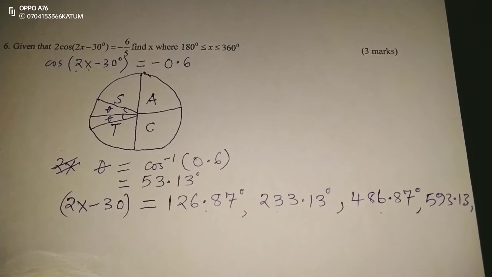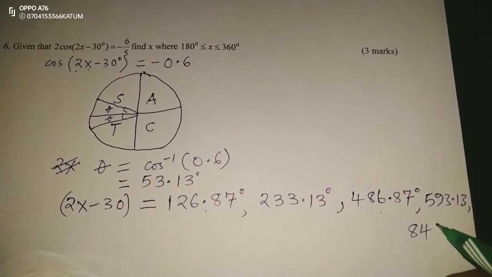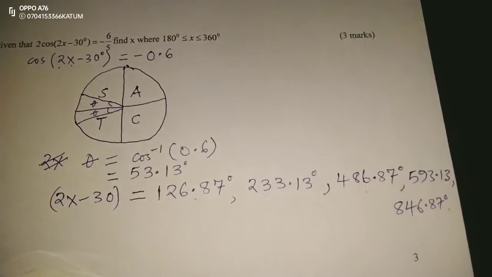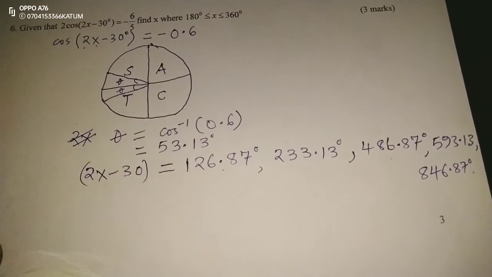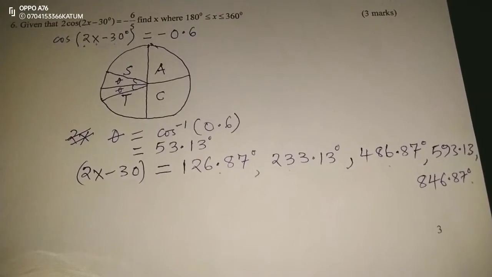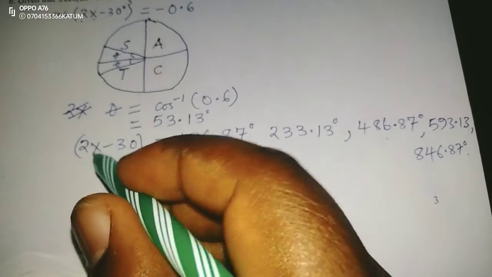In another cycle, it will become 846.87 degrees. I'm adding 360 to get the same angle with a different revolution.